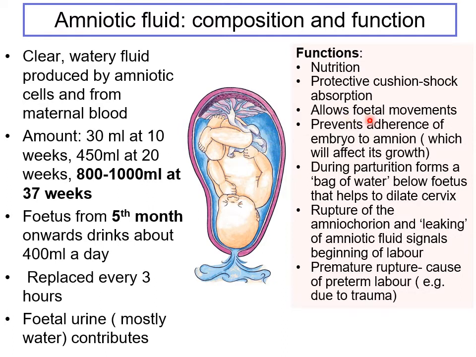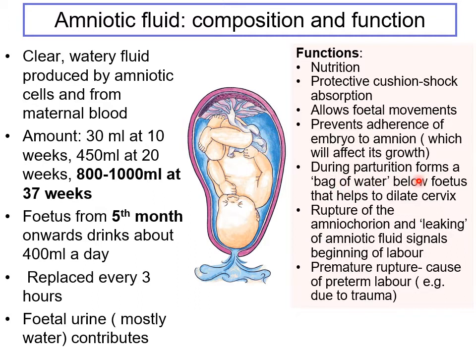Thirdly, it allows fetal movements. The fetus's muscles and bones need to be exercised, because he's going to spend 9 months in it. And because the fluid is there between the membrane and the fetal skin, it prevents sticking of the embryo to the fetal membranes, to the amnion, which can affect its growth, as we shall see.